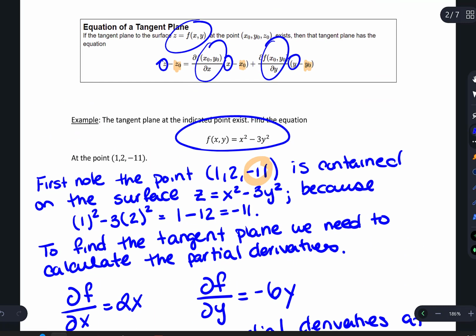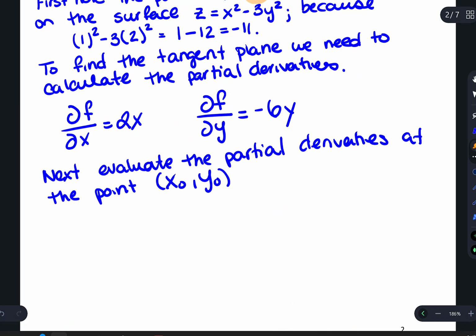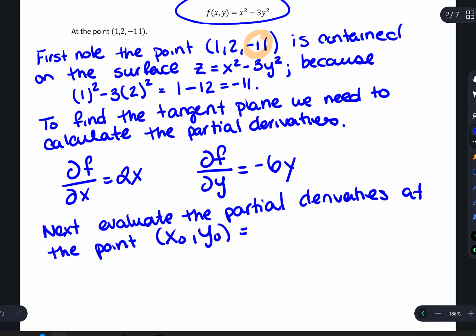Well, first, if we go back up to our function, notice in our partial derivatives, we are evaluating them at x naught, y naught. And so x naught, y naught is just going to be the first two coordinates of that point on the surface that we are interested in. So in this case, since we're interested in the point 1, 2, negative 11, we're going to evaluate at the point 1, 2.